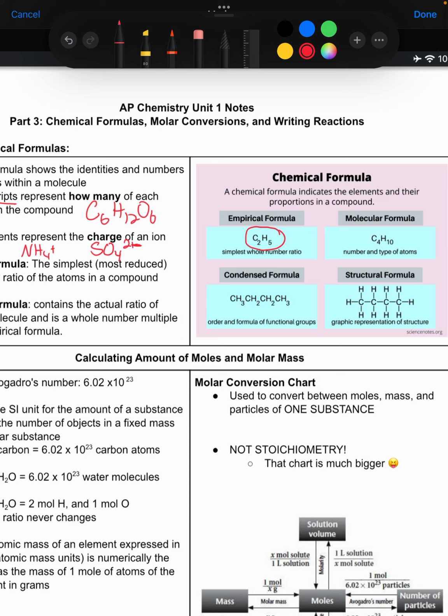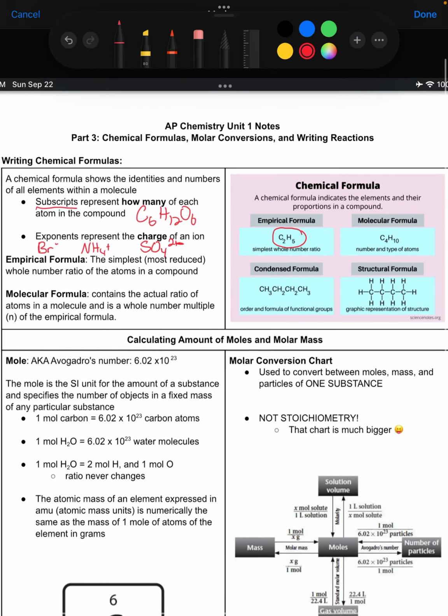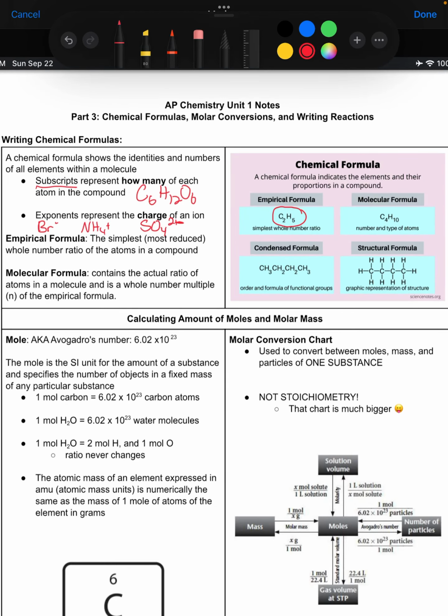But that can be scaled up into a molecular formula, which is going to tell you the actual whole number ratio of atoms in a specific molecule. So in this molecular formula that we can see on the right over here, we see C4H10. We can reduce that to C2H5, right? Because it's the same ratio as the empirical formula. But in this particular molecule, there are actually 4 carbons and 10 hydrogens.